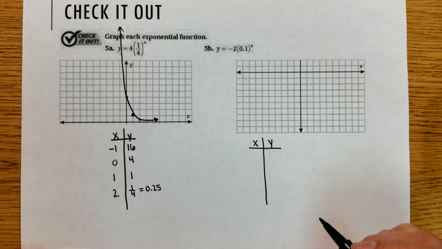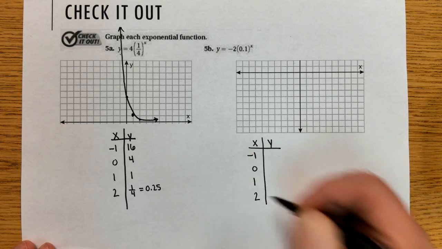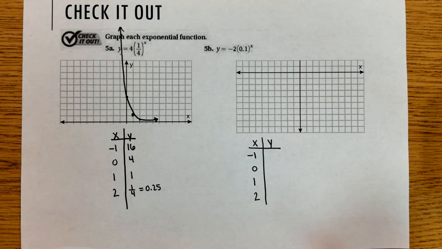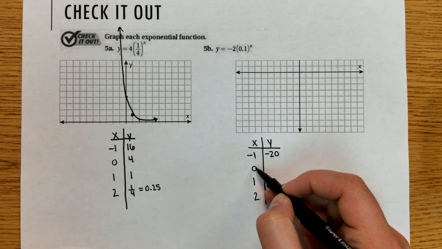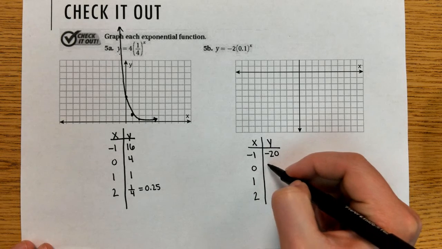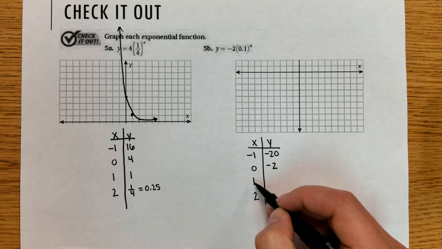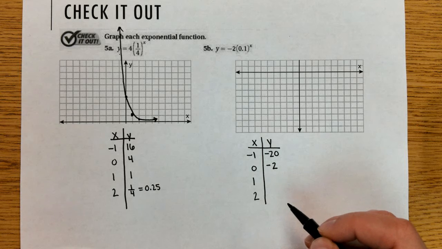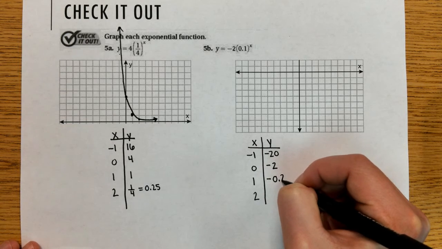I'm going to substitute in negative 1, 0, 1, and 2. So 0.1 to the negative 1 power, that's going to give me 10 times negative 2 will give me negative 20. 0.1 to the 0 power is going to give me 1 times negative 2, negative 2. 0.1 to the first power is going to be 0.1, and then 0.1 times negative 2 will give me negative 0.2.